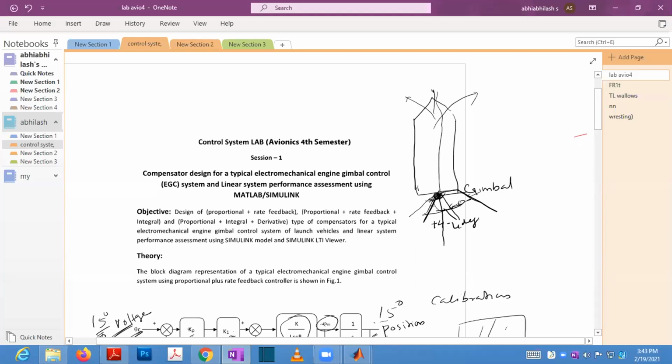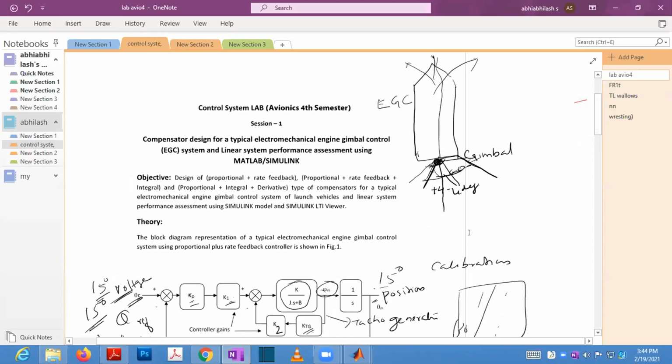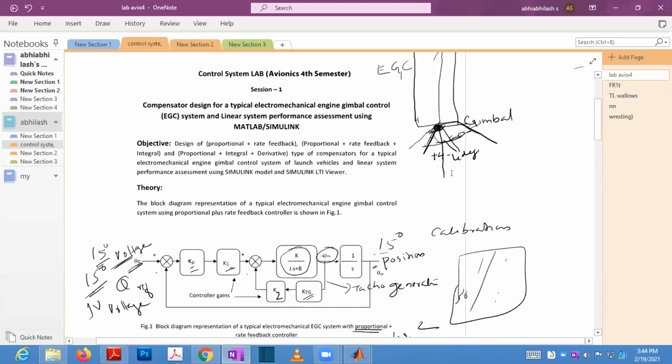So this is called the gimbal point, and this control system is called the EGC system, engine gimbal control system. It can move a maximum of plus or minus 4 degree in the output only. These things will come later. This is the linearized model of this part.